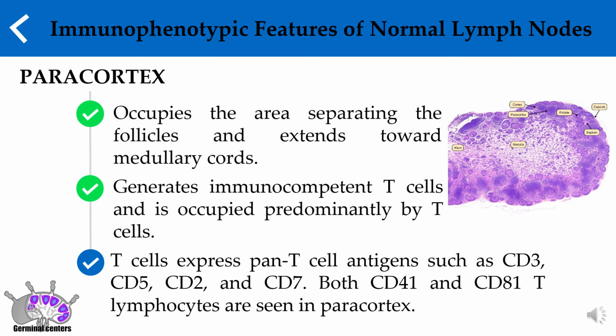These are specialized veins that allow lymphocytes from the peripheral circulation to enter lymph nodes. CD3, CD5, CD2, and CD7 are the pan-T cell antigens expressed by T cells. In the paracortex, CD4 and CD8 T cells can be detected.